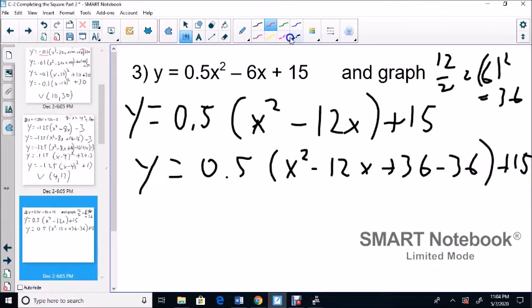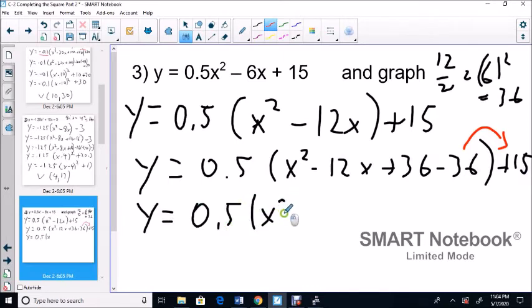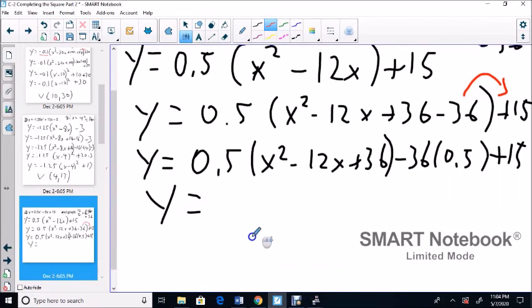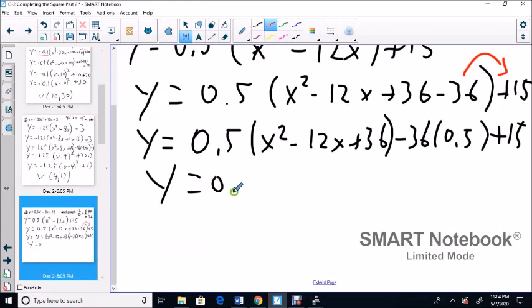Now we're going to take this negative 36 out, so you multiply by 0.5, half of it. So you get y equals 0.5 x squared minus 12x plus 36, minus 36 times 0.5, plus 15. The next line, y equals 0.5 times x minus 6 squared.